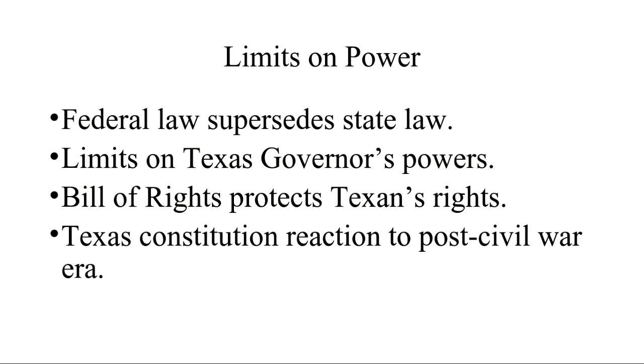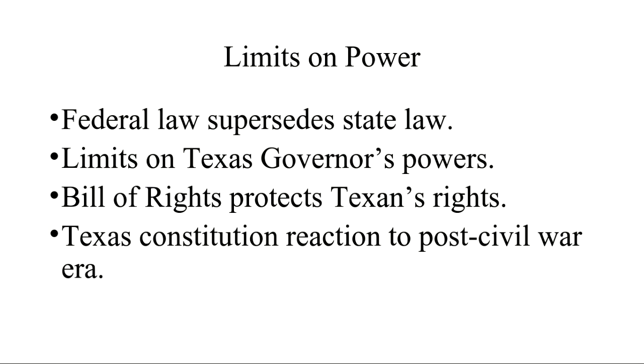So again, there are limits on what we can do as a state. Federal law does supersede state law. So when the federal government passes a law saying same-sex marriage is valid across the United States, Texas cannot deny same-sex couples the right to get married. We can't decide not to buy into the Affordable Care Act.